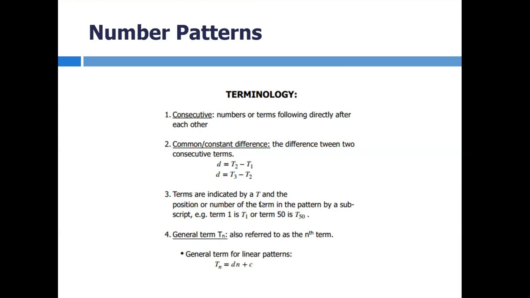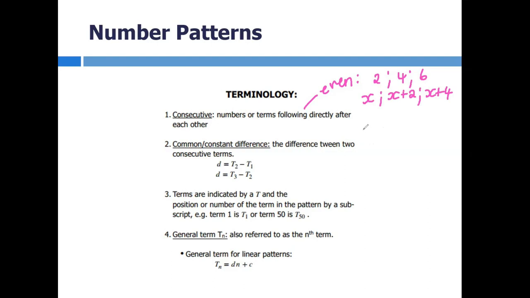Sometimes the examiner might not say consecutive numbers only, but the examiner will say consecutive even numbers. So if I'm dealing with even numbers, I can go 2, 4, then I can go 6. That's consecutive even numbers. If I want to write them with unknown letter variables, I can go x, then the next one will be x plus 2, then the next one will be x plus 4. I am dealing with consecutive even numbers, right?